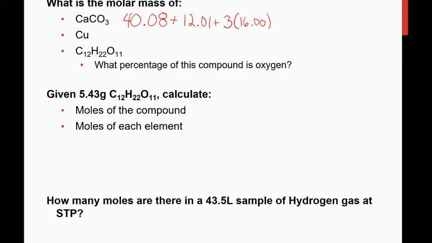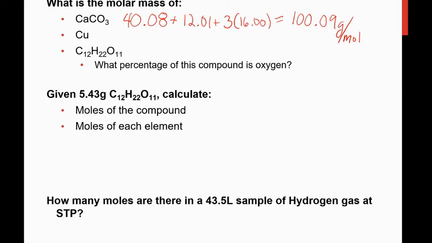Okay, so I'm going to do that in my calculator. 3 times 16 is 48, plus 12.01 plus 40.08 is going to end up giving me 100.09 grams per mole.